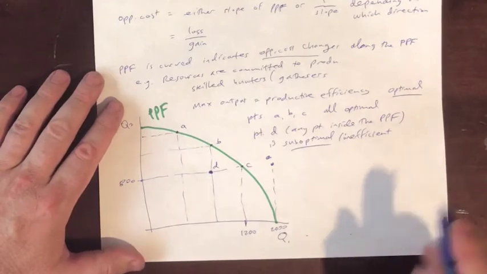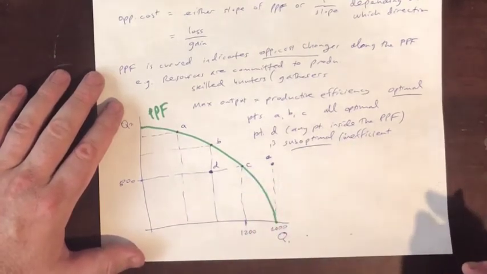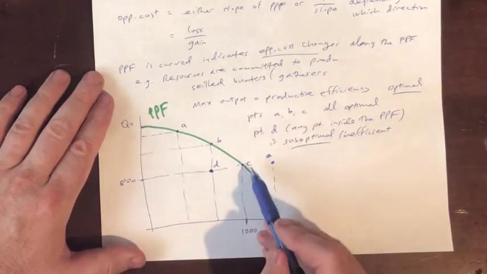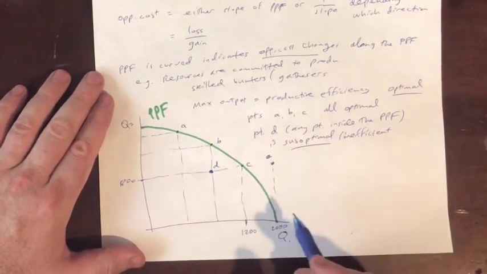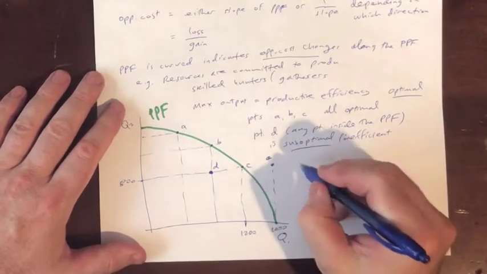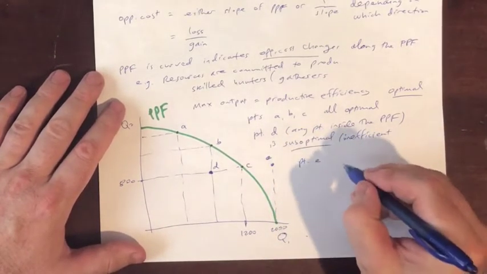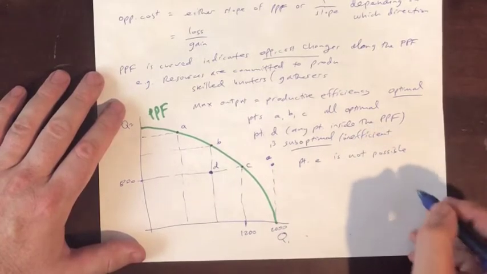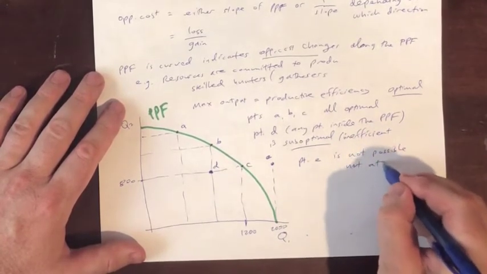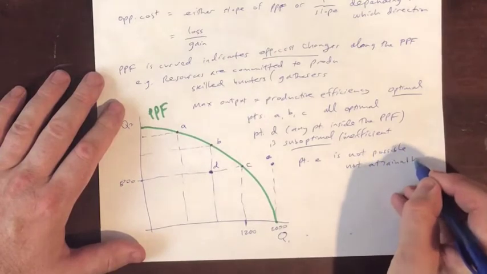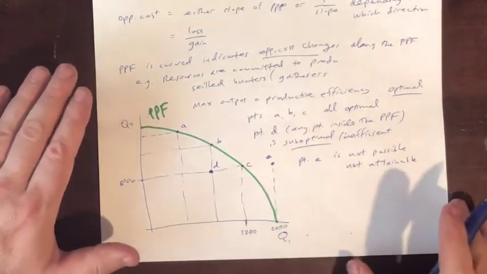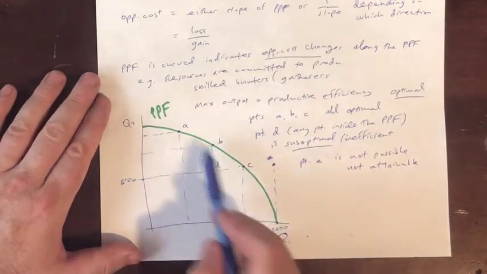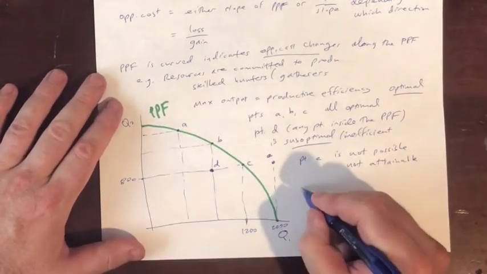Well, no, that's not possible, right? Because we've defined what society's maximum is. It's along this curve. That means anything outside of it is not possible, okay? So point E is not possible, all right? It is, in other words, not attainable given society's resources, okay?